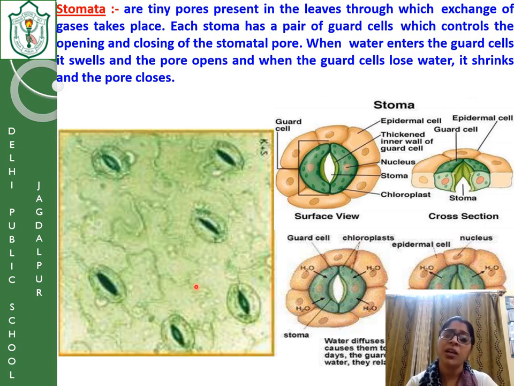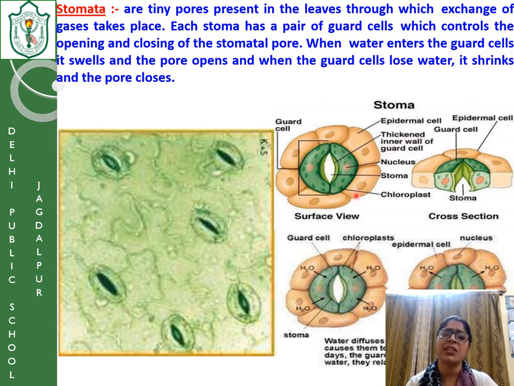Okay. Now let us look at this particular area in the surface view. This is the upper surface, as seen from the top. You can see that this brown colored portion enclosing the green colored portion is called the epidermal cell.